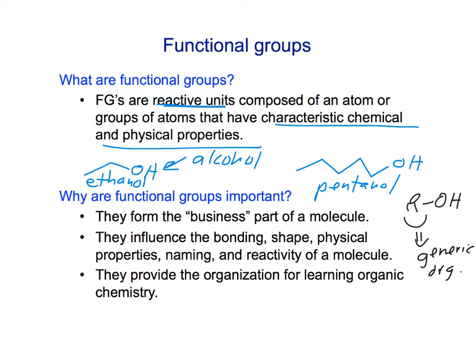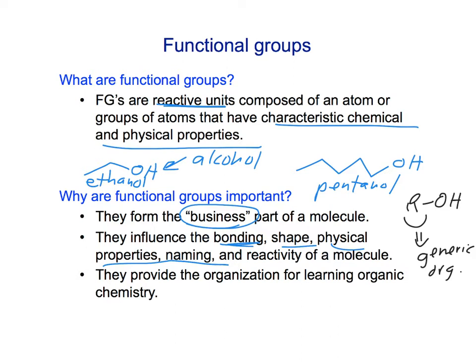So why are functional groups important? Well, when we look at organic molecules, we will know that the functional groups are essentially the business part of the molecule. That's the part that's going to be reactive. That's the part that's going to influence the bonding, the shape, the physical properties, the naming, all of these things about the molecule.